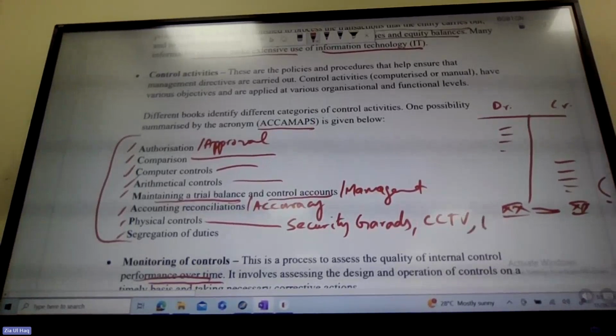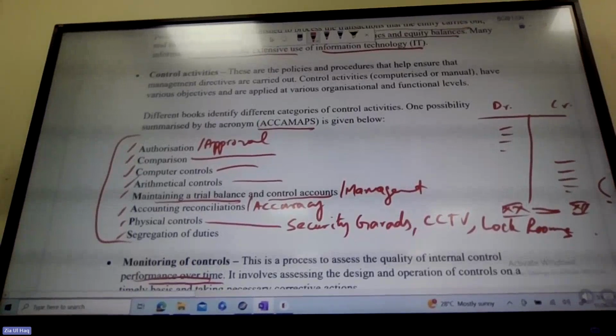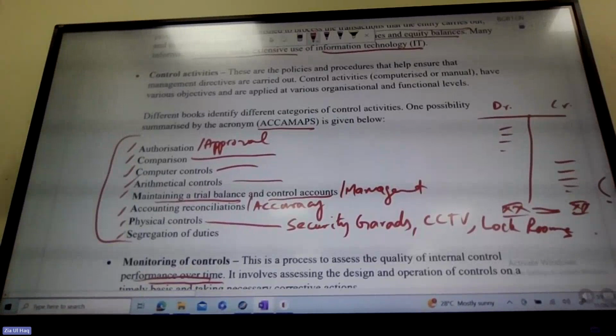There should be lock rooms where we keep our high value inventory and assets, so that nobody can access them. Through this, we can avoid misuse of assets and inventory. There should be physical controls like security guards, lock rooms, CCTV cameras.